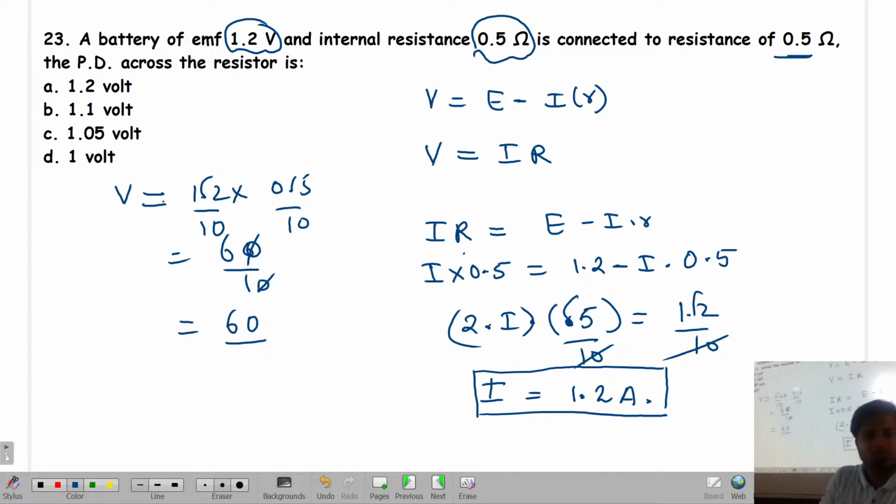I'm saying the question is wrong or what? 0.5 ohm and connected to resistance of 0.5. So V is equal to IR. This will be added, I think.